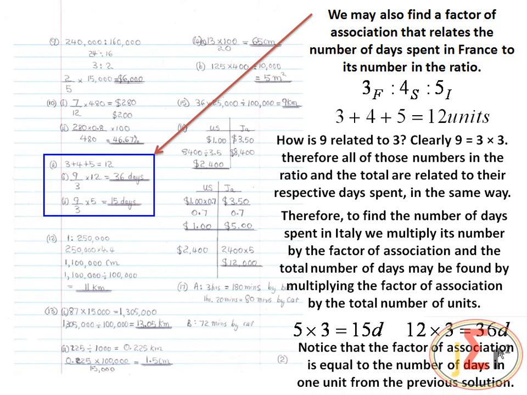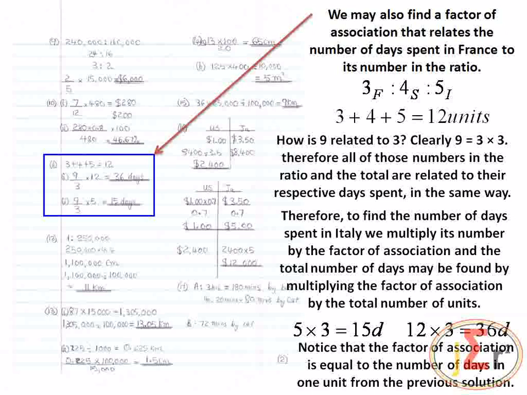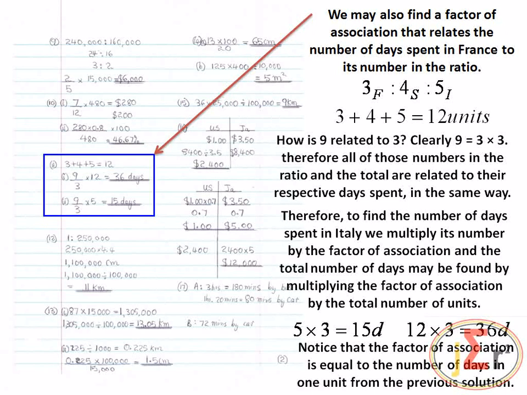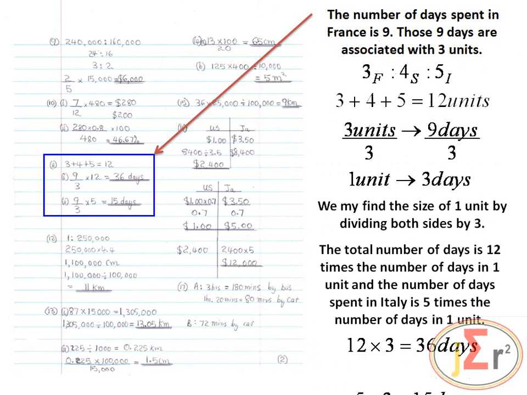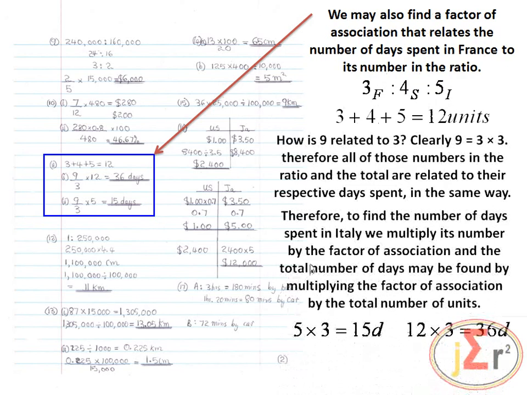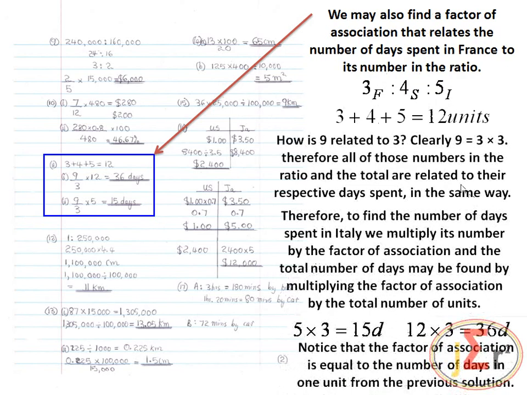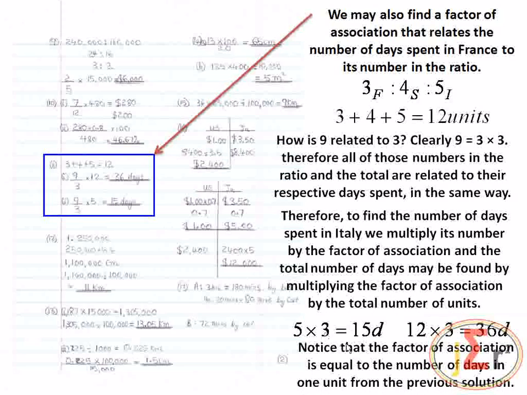Also, notice that the factor of association is equal to the number of days in 1 unit from the previous solution. So if we run all the way back to the original solution, we'll realize that 1 unit is equivalent to 3 days, and we are saying on this slide that the factor of association is also 3, and we are using it right here, so there is no harm done.